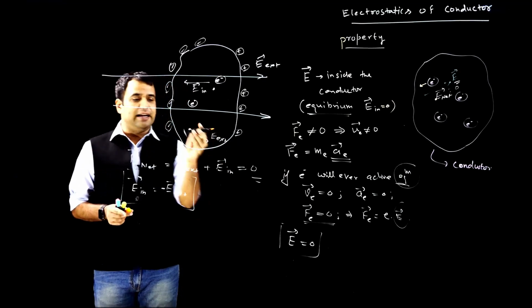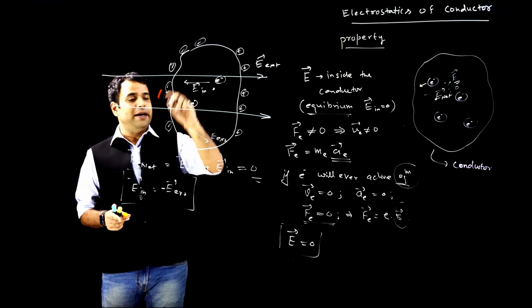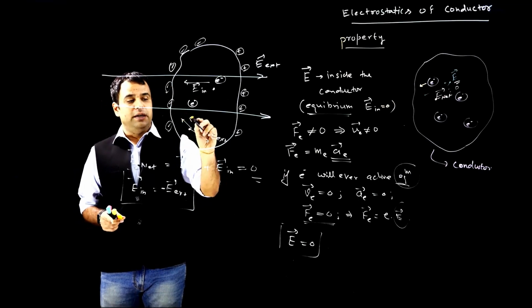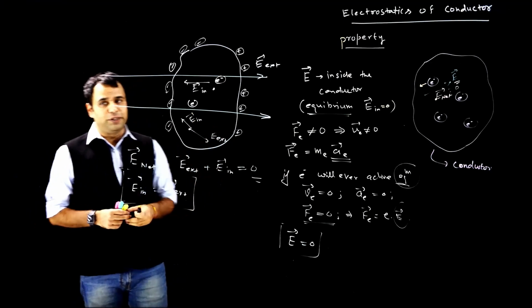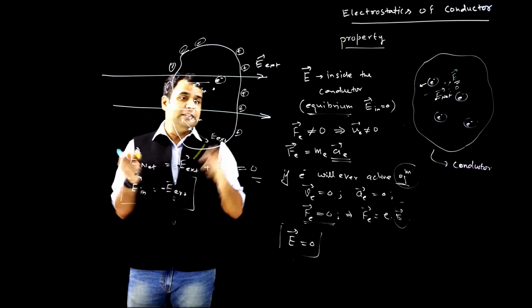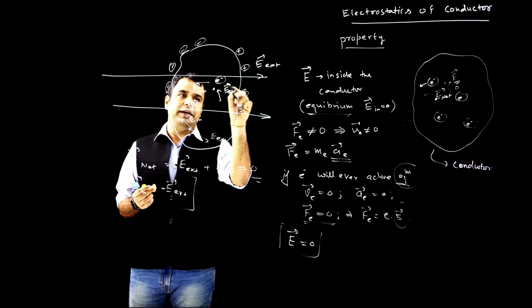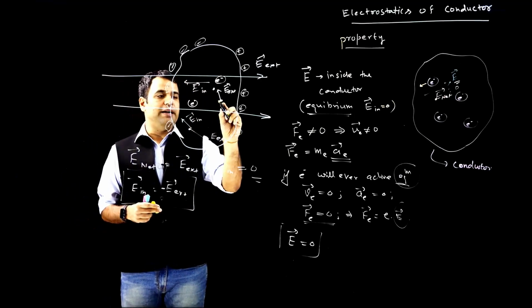Then this distribution will happen in such a manner that at this point, due to the internal distribution, the electric field should be exactly opposite to that. And if at some other point you find the external field in this direction, it can be any kind of distribution, then due to the redistribution at the same point, the field will be exactly opposite.